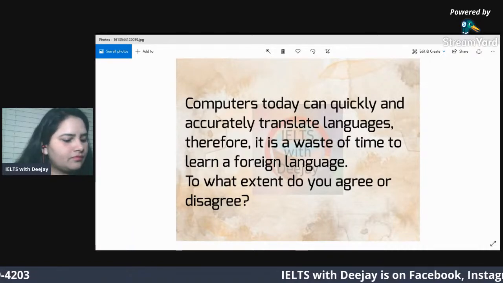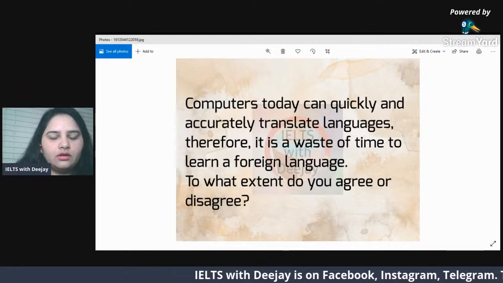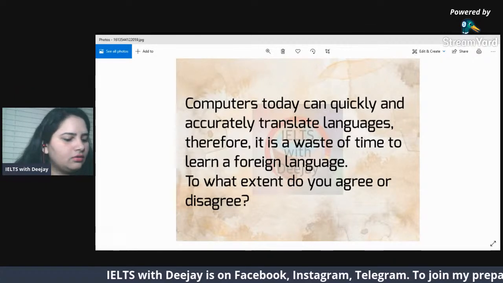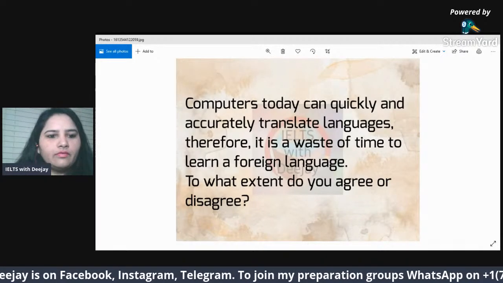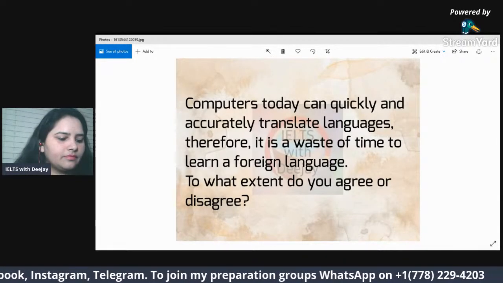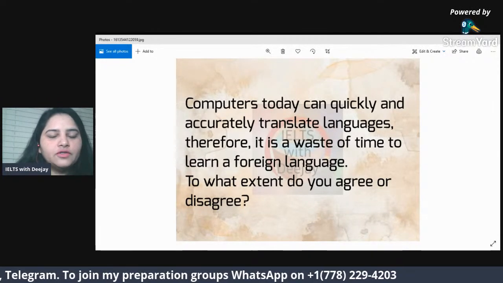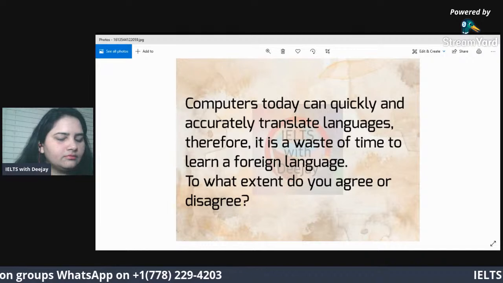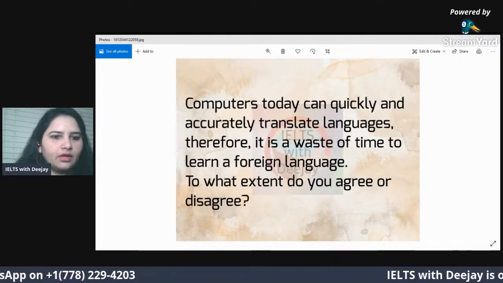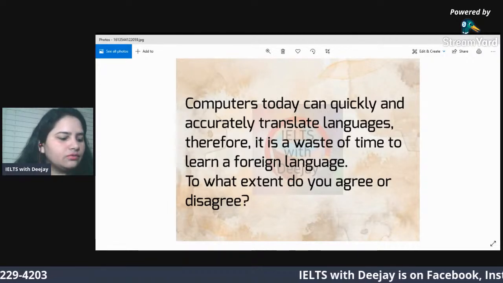Only ideas? No, no. Write the thesis with explanation. Yeah, you have to explain it as well. You have to explain also.